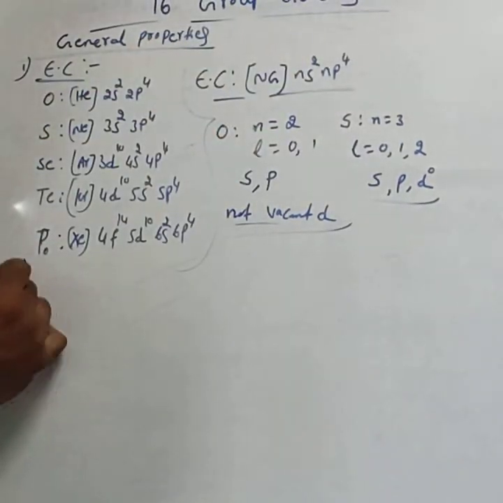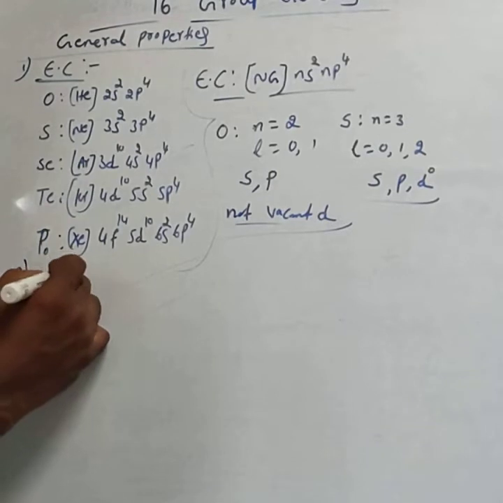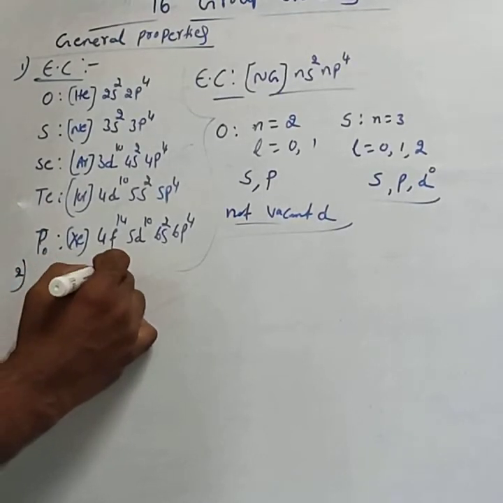Then the next general character is atomic and ionic radius.